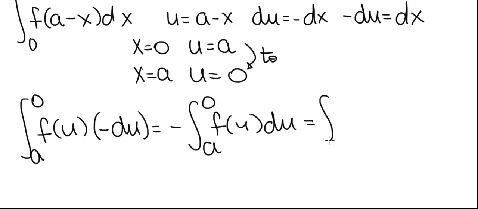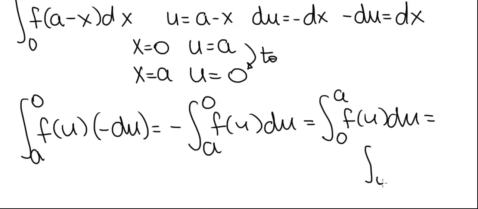So this is equivalent to the integral from 0 to a of f of u du. u is just a dummy variable. We can replace it with whatever we want, including x. So this says that the integral from 0 to a of f of x dx is equal to the integral from 0 to a of f of a minus x dx. So that verifies result number 1.